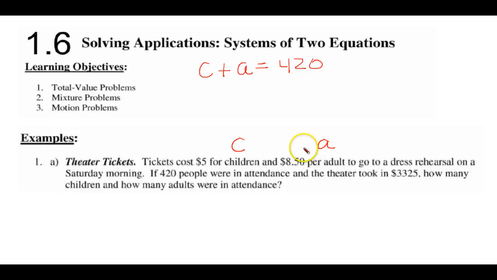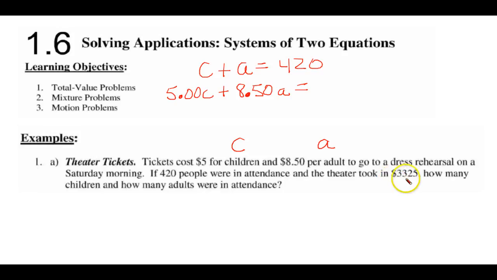Now our next equation will be, what is the cost of each child's ticket? $5. And the adult tickets, $8.50.